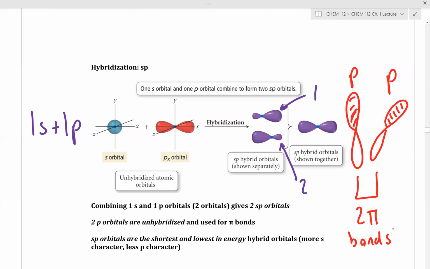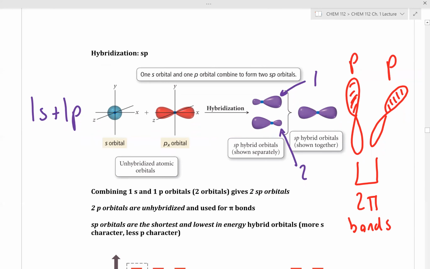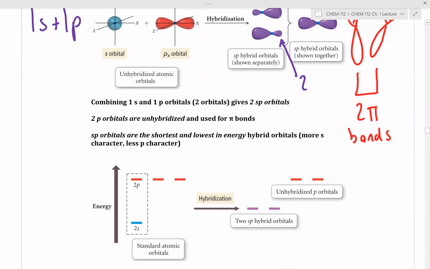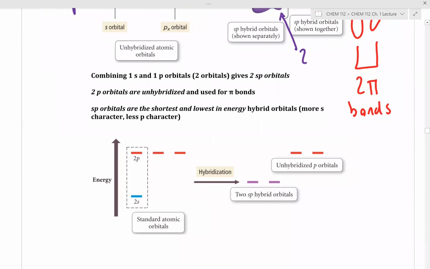Okay, now, remembering this idea that hybrid orbitals have an energy based on the 2 or more orbitals that you use to make the hybrid orbitals, if we have less p character and more s character, we have more low energy, short orbital character. What would we expect our sp hybrid orbitals to look like? Would you expect them to be high in energy or low in energy?